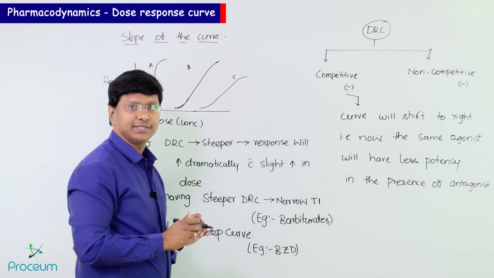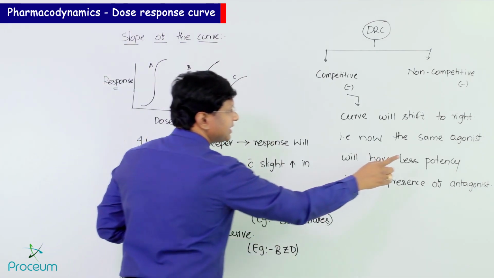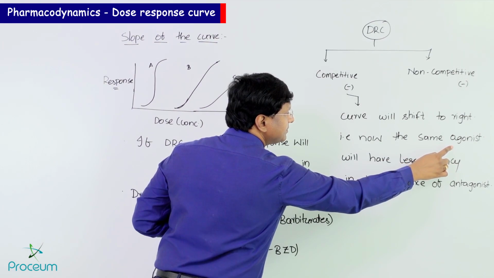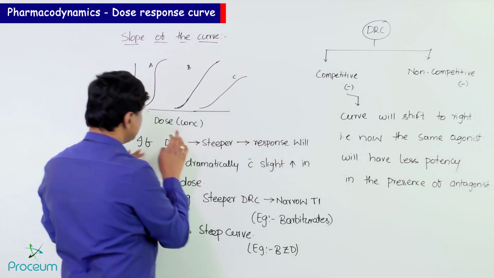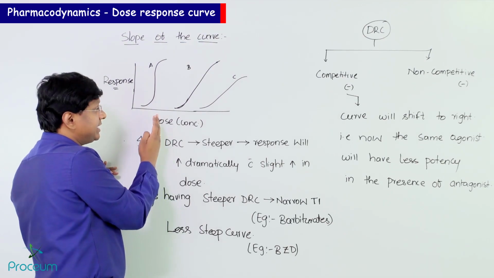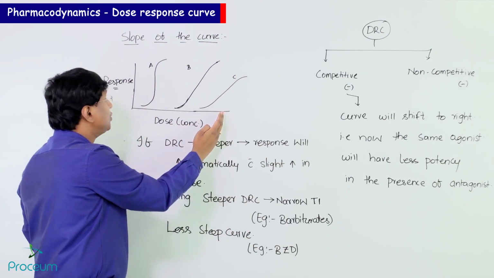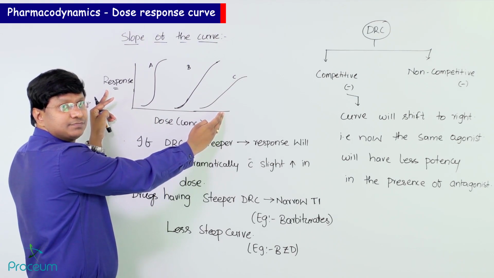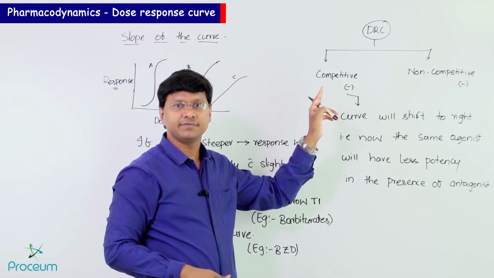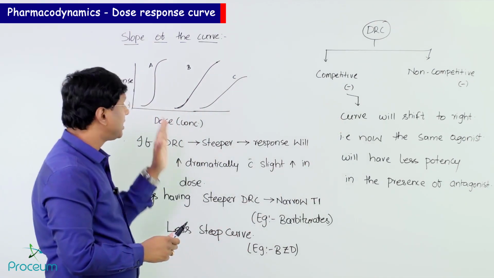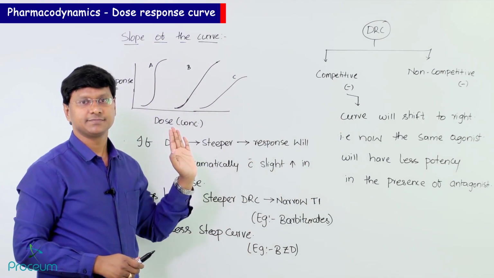So what I want to tell you here is, in the presence of antagonist, the dose of agonist required to produce the response is more. That is the reason why in the presence of a competitive inhibitor, the curve will shift to the right.